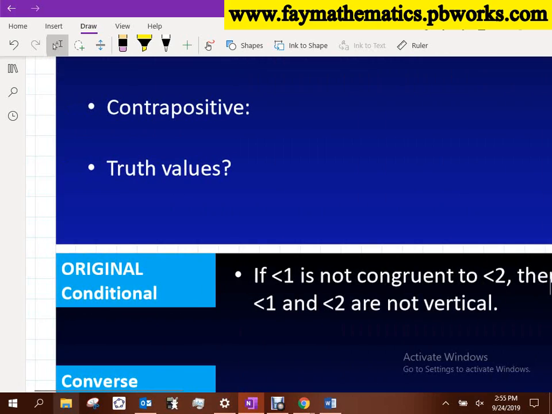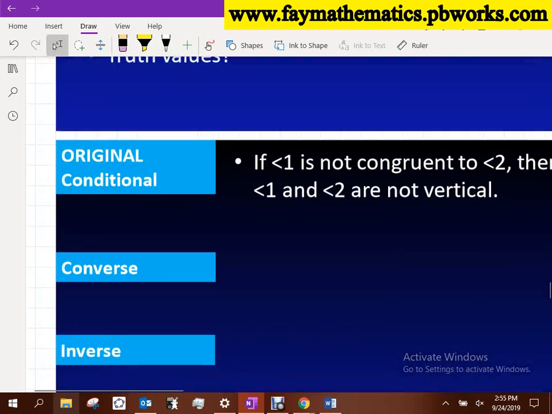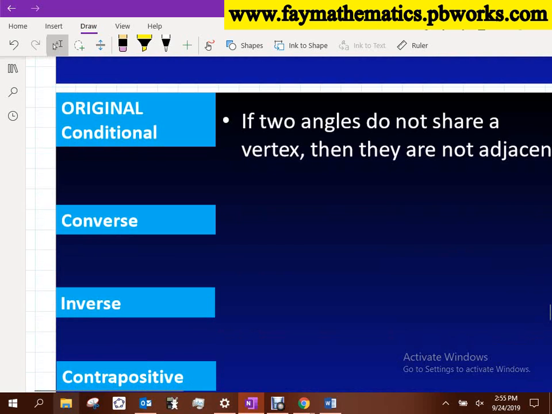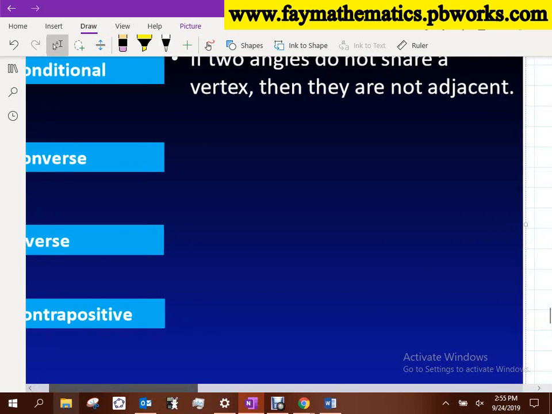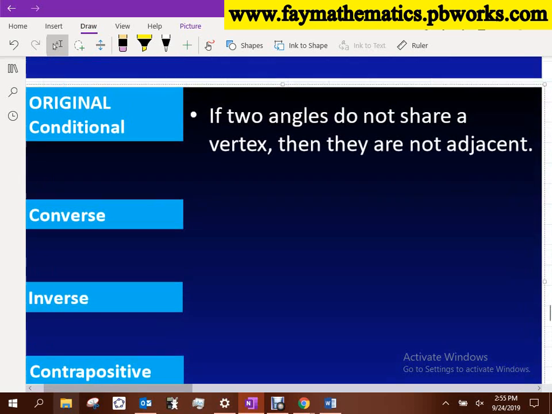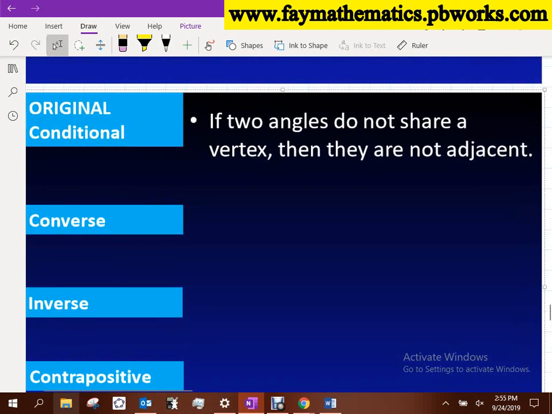It says, if two angles do not share a vertex, then they are not adjacent.